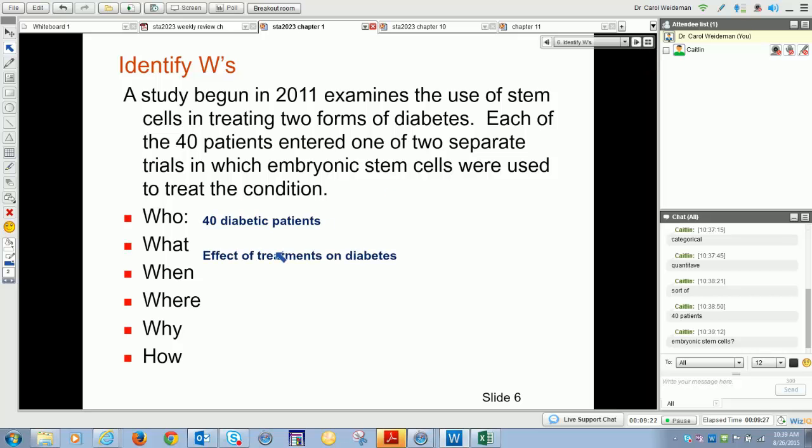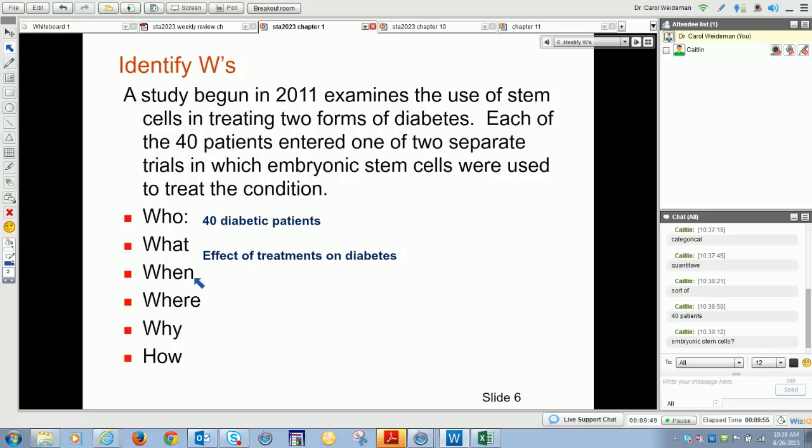In this case, they're going to be looking at the effect of the treatments. Remember, they went into 2 different trials on the condition, and the condition here is actually diabetes. So the stem cells are actually the treatment, and we'll get to that in chapter 12. But what data are they going to collect? They're going to collect how does that treatment affect the diabetes. And I don't know how. They didn't really say what they're going to collect. Could be blood sugar, could be A1C, but they're going to look at the effect.